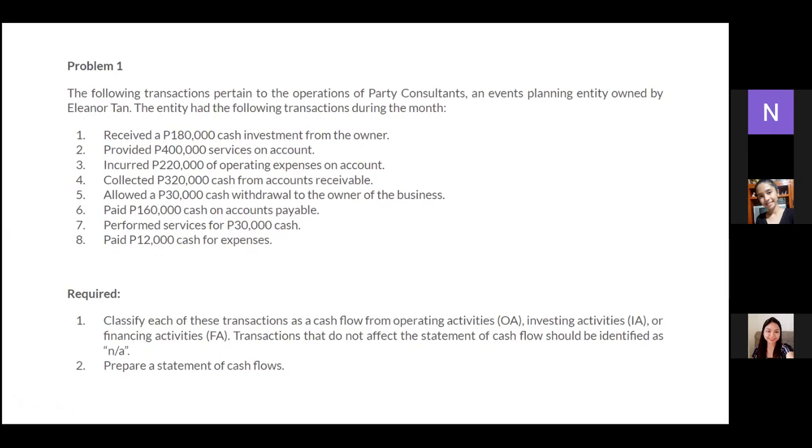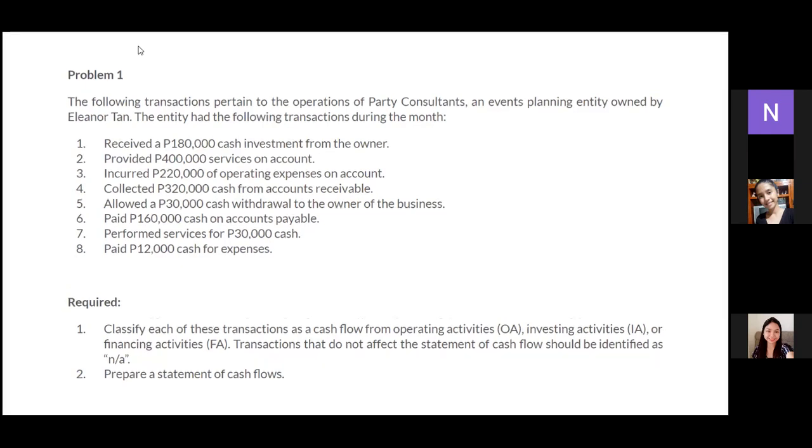NA ulit kasi for the fourth transaction, collected 320,000 cash from accounts receivable. It is under operating activities. Kasi nakakollect siya ng cash.